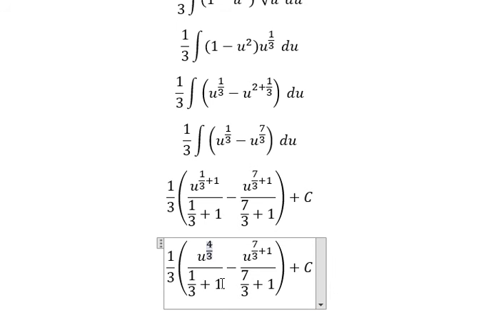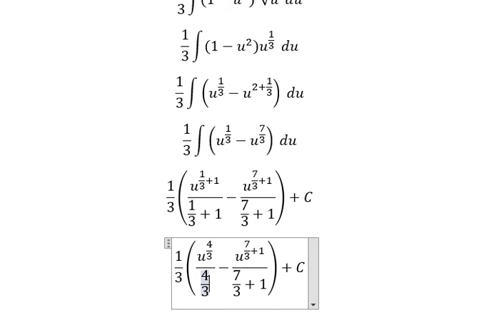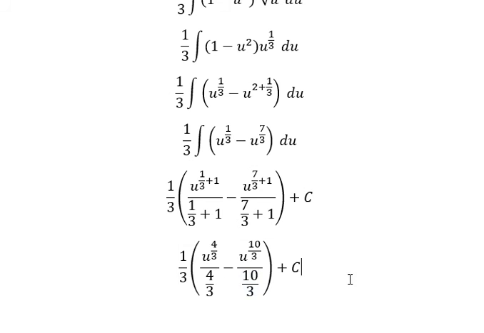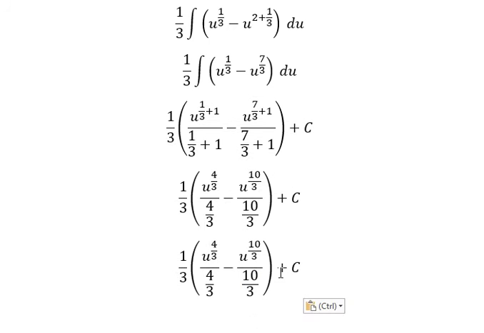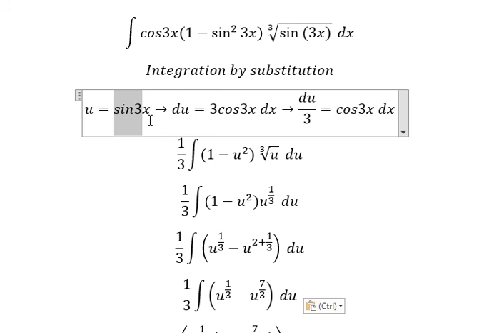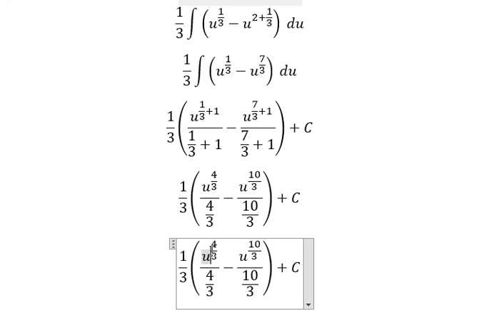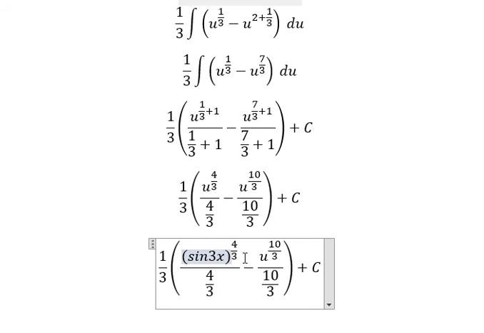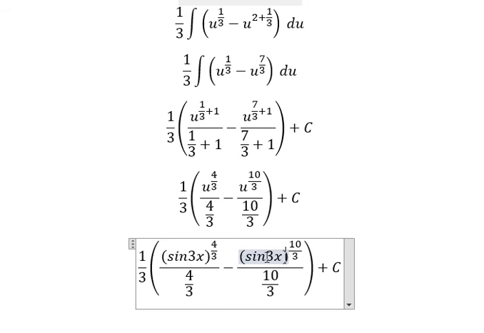This one we have 10 over 3. About u, that is sine 3x. And this is the final answer.